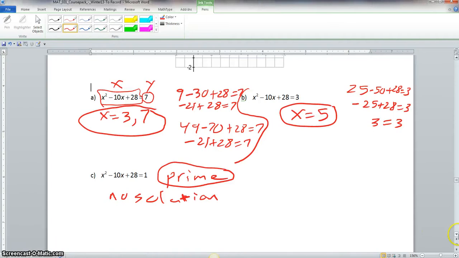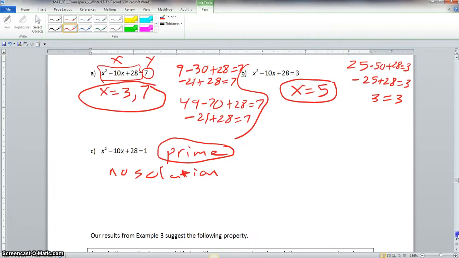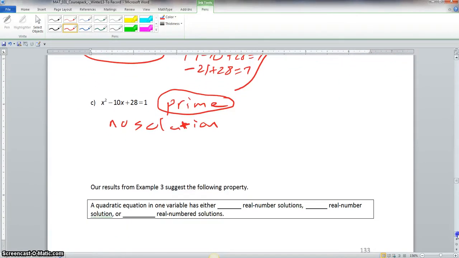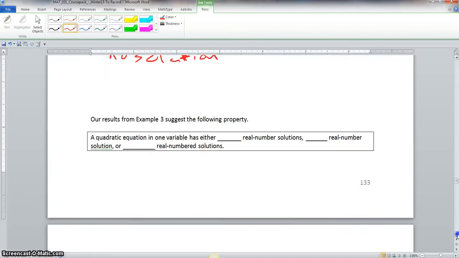So now we scroll down to the next. It says our results from example 3 suggest the following properties. A quadratic equation in one variable has either 2 real number solutions, 1 real number solution, or no real number solutions.